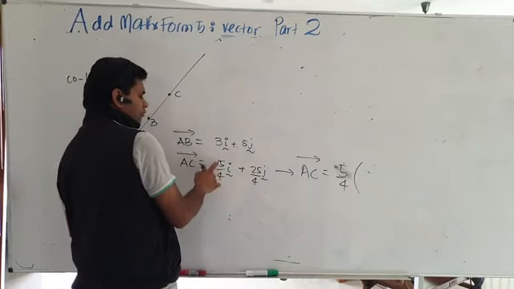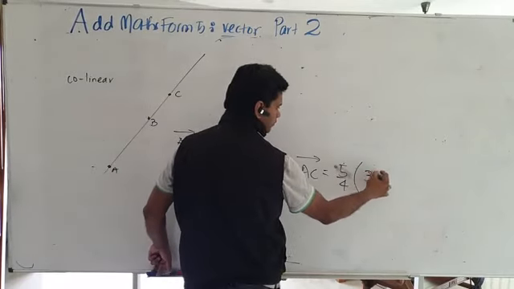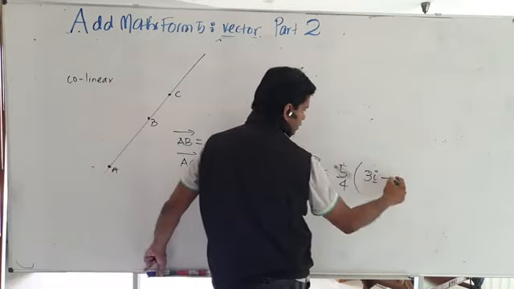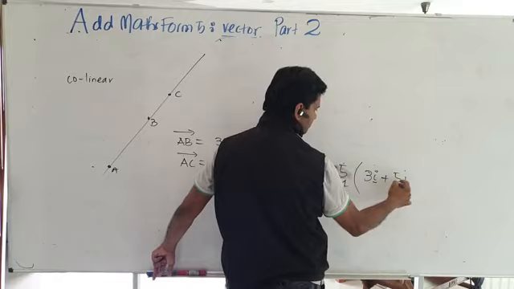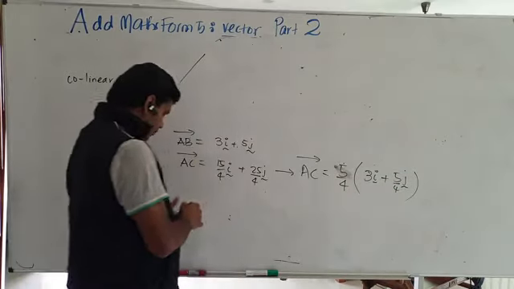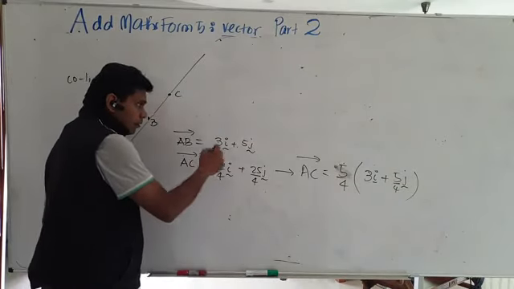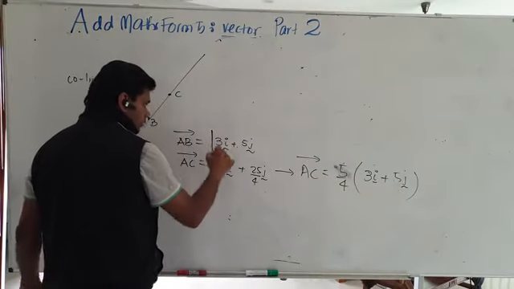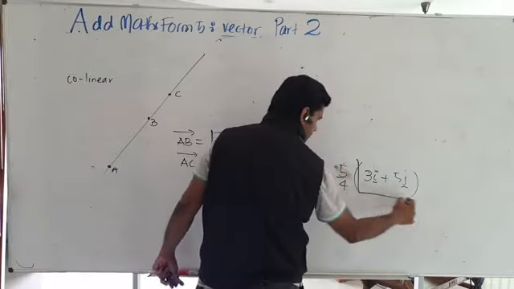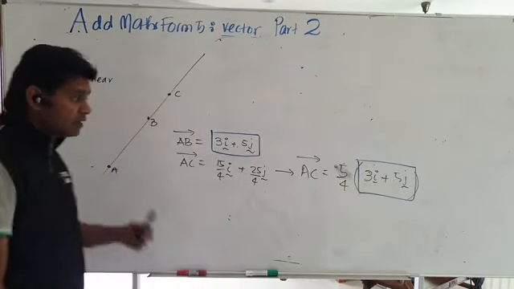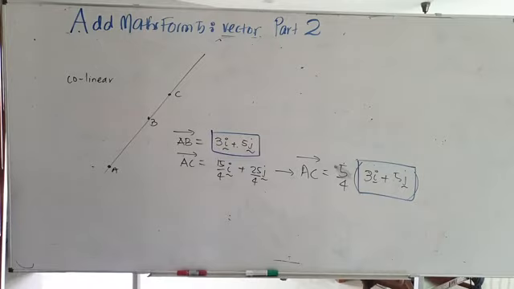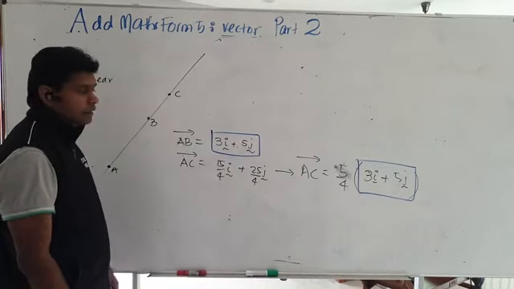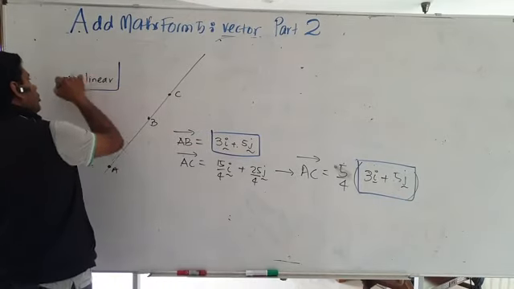If I take out 5 over 4 from here, it remains 3i, and from here it remains 5j. Now if you notice, there's no more 4 here. The 4 has been taken out. The basic vector is the same. So therefore, we can say it is collinear.